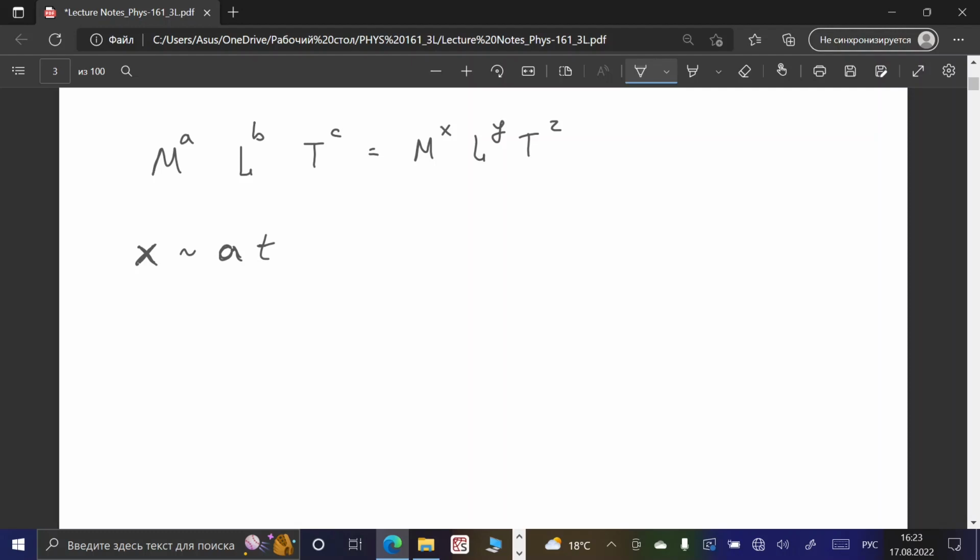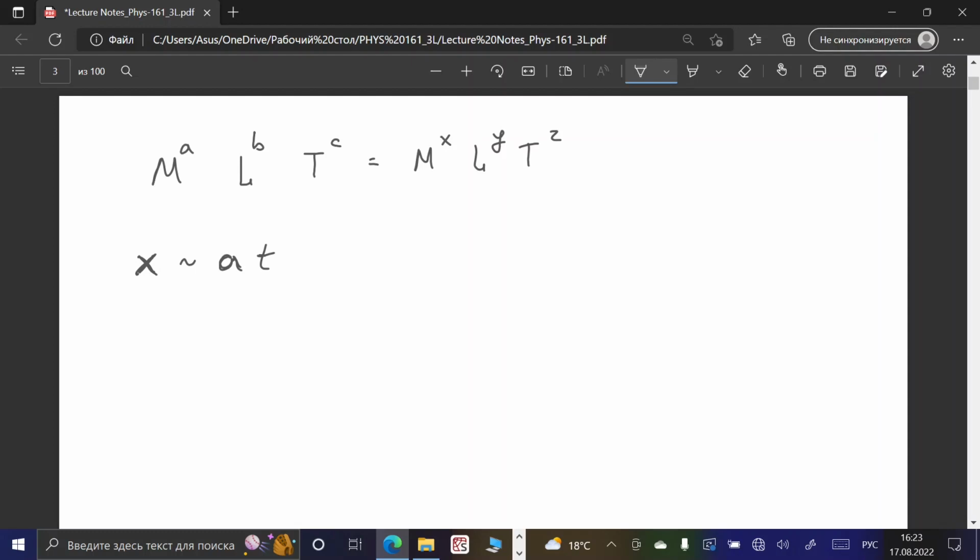So here we can write, let's say, n and m. We don't know this power n and power m. So let us consider the dimension of the left side of the equation.